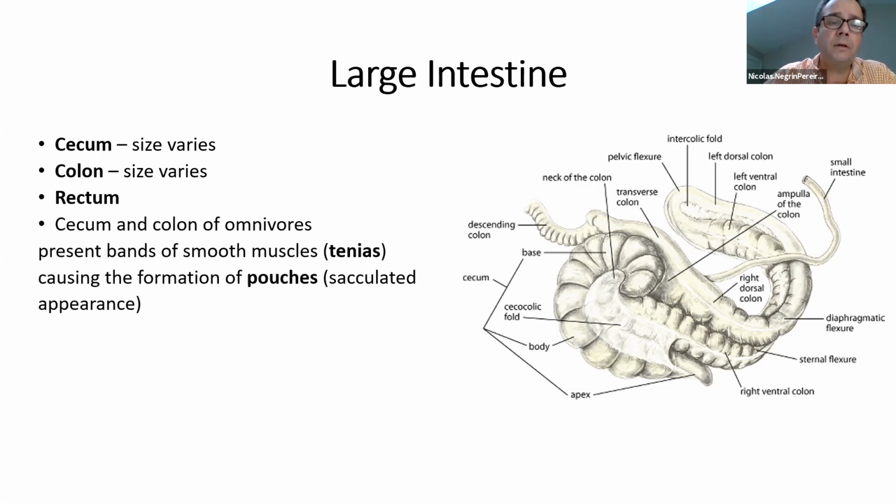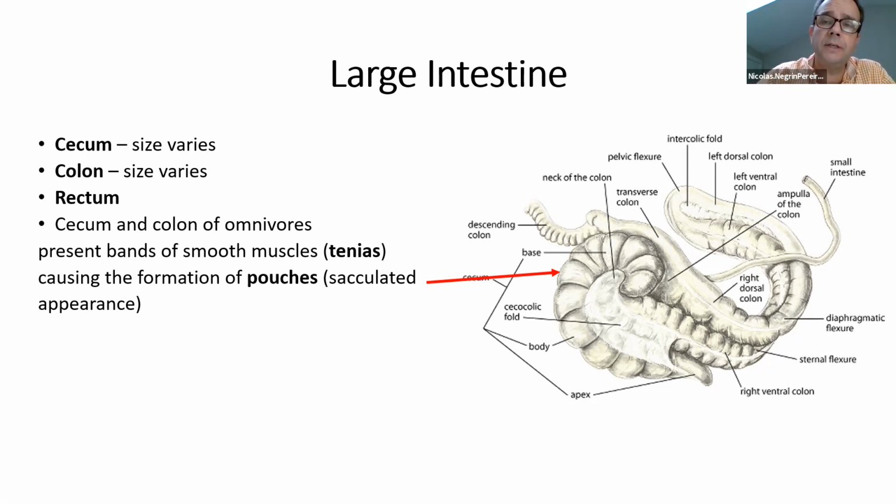The cecum and colon of omnivores normally present bands of smooth muscle called tenias, which means tapeworm, because they look pretty much like flatworms, like cestodes. By this special structure, they help form pouches, giving the cecum and colon a sacculated appearance, like sacs, which you can see there in the diagram.